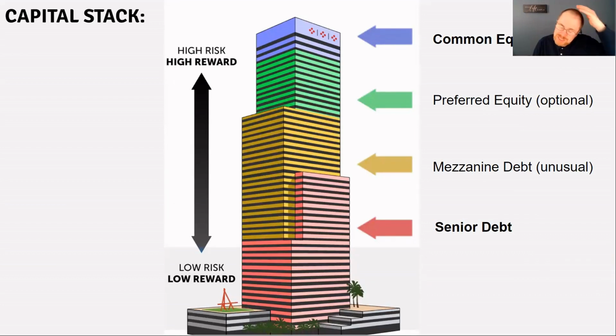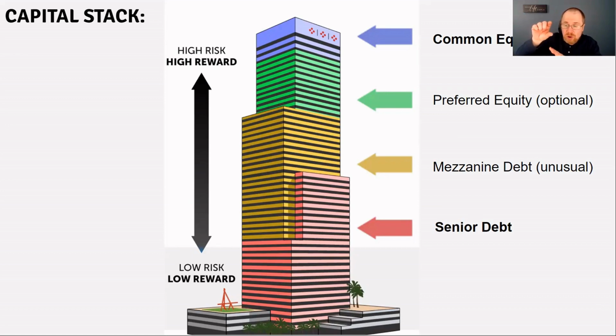And what I was saying earlier is if a big chunk of the equity is preferred equity, and I've seen some deals done like that, now you have senior debt, then the preferred equity, and then a very tiny bit of common equity.